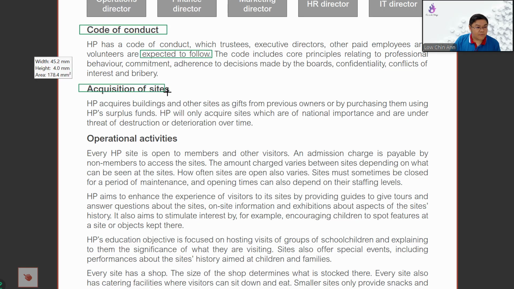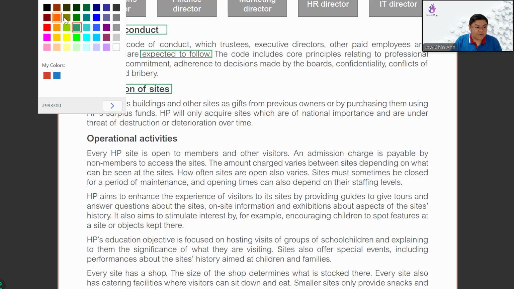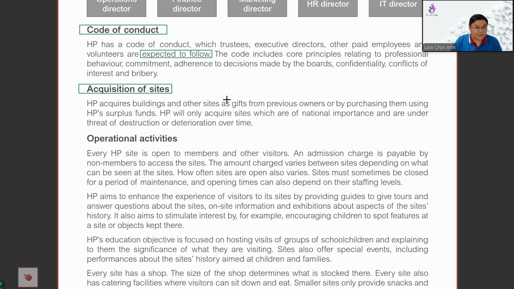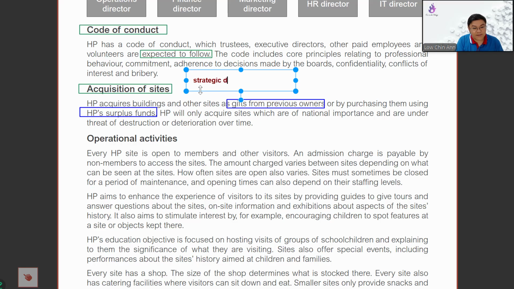Okay, acquisition of sites. HP acquires buildings and other sites as gifts from the previous owner, or by purchasing them using the surplus fund. Okay, so they have two ways. One is people donate the site to them. The other way is they can buy using their money. So in this case, like I said, it really makes sense for you to think of the strategic direction, like the balancing of the charitable objectives.